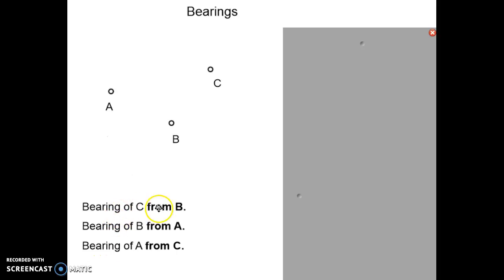Okay, let's look at the first of these 3 questions. The bearing of C from B. This "from" is important, so I've written that in bold. So imagine yourself at B and you want to travel to C. So first thing you should do from where you are is face north.